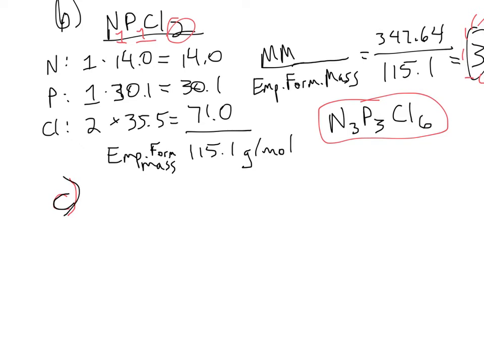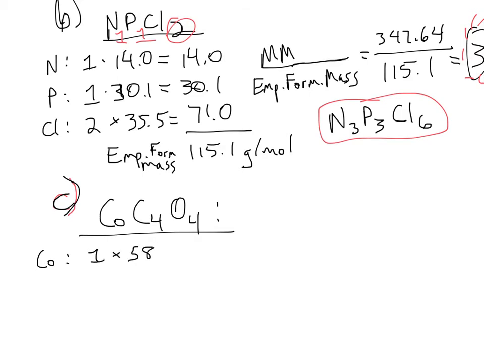Part C, they give us Co(C4O4). And if we look up on the periodic table and do some bookkeeping, there's one atom of cobalt whose atomic weight is 58.9.